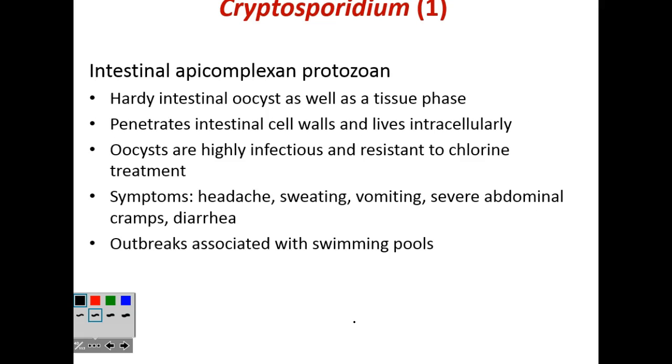Cryptosporidium is an intestinal apicomplexan protozoan with a hardy intestinal oocyst as well as a tissue phase. It penetrates intestinal cell walls and lives intracellularly. Oocysts are highly infectious and resistant to chlorine. Symptoms are headache, sweating, vomiting, severe abdominal cramps, and diarrhea.